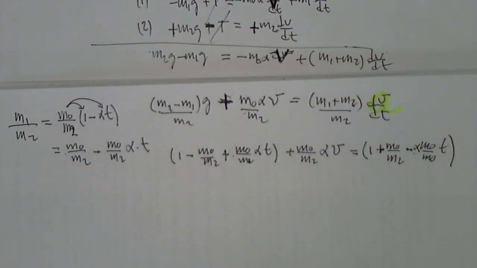So now for convenience, I will divide everything by M2 over M0.